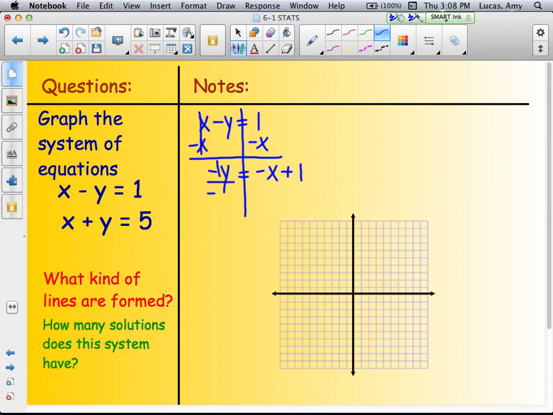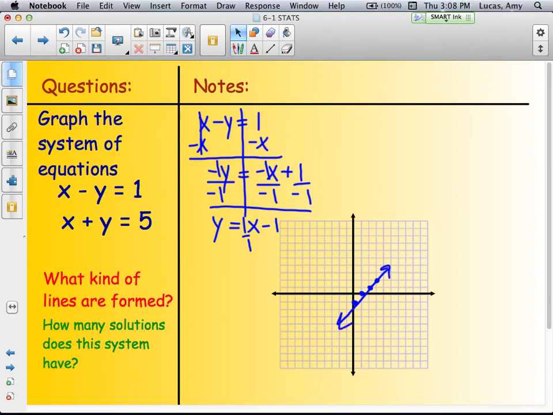So I need to divide by negative 1, and in front of the x I can put a 1. So what happens is, negative divided by negative is a positive, so positive 1x, and then a positive divided by a negative is a negative. So my intercept is negative 1, but my slope is positive 1, so I go up 1 over 1, and then I can draw my line.